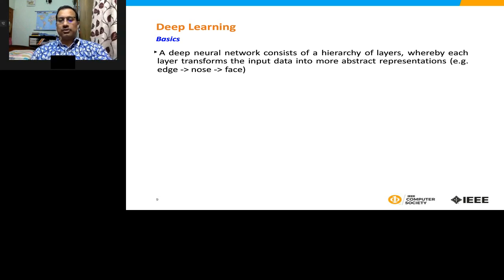As an example, given a set of images, you can first detect the edges, and then you can find some sort of feature between the edges which represents the nose or the eyes or the lips of a face, and then, finding that the features of nose, lips and eyes exist, you can determine that it's a face.